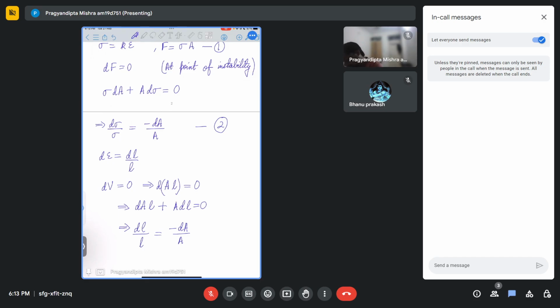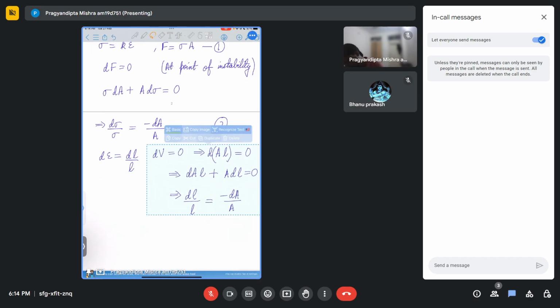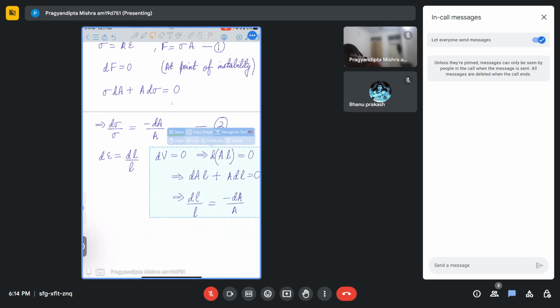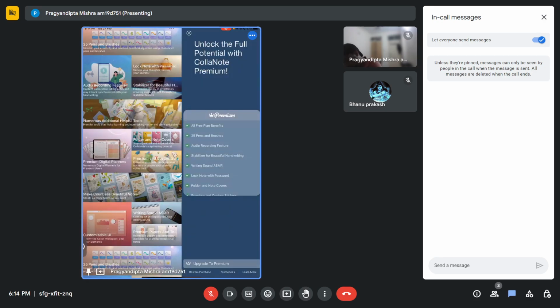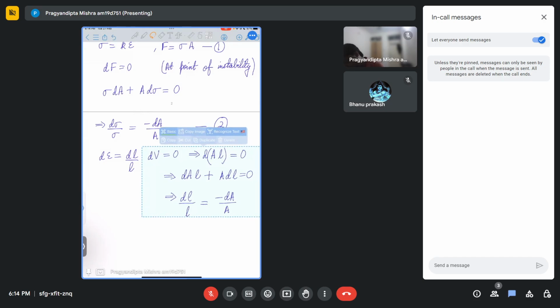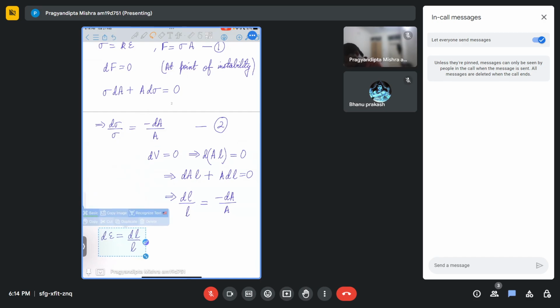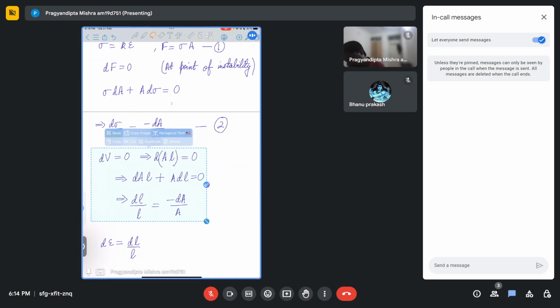So here, your change in strain, let's move this entire thing. Move this on top, so that you can have a clear flow of thought.